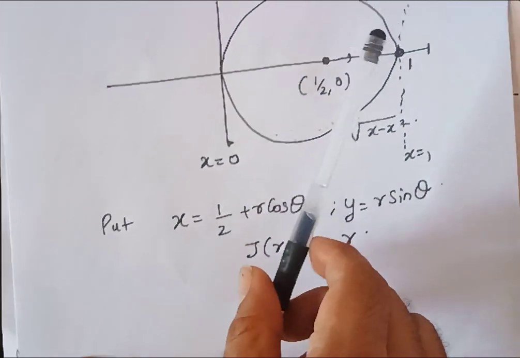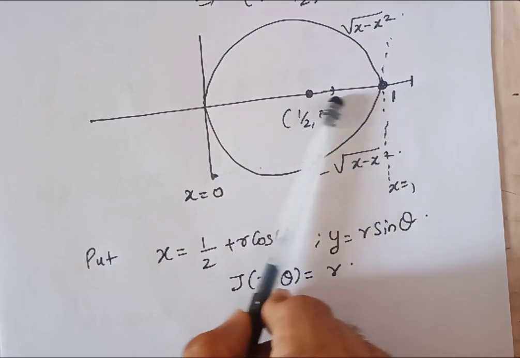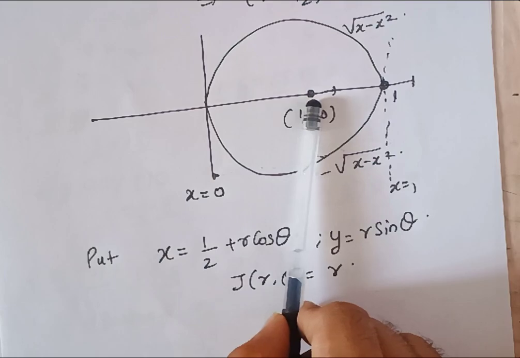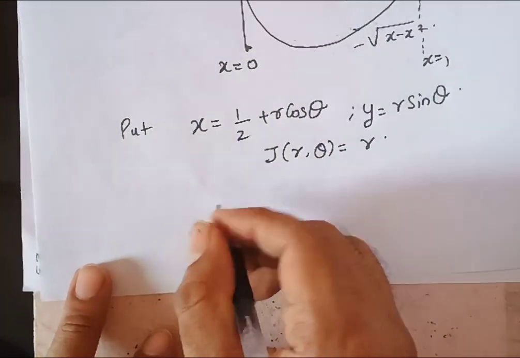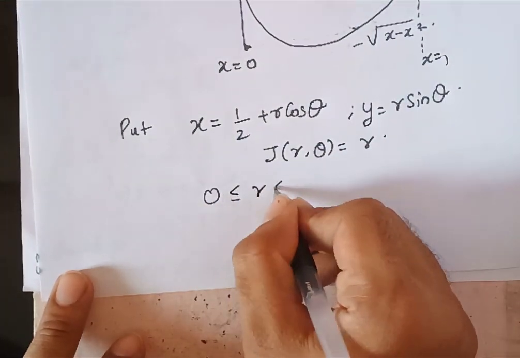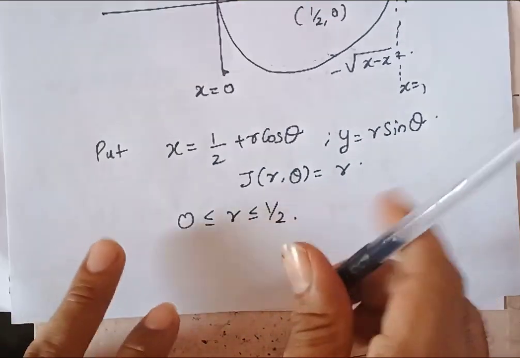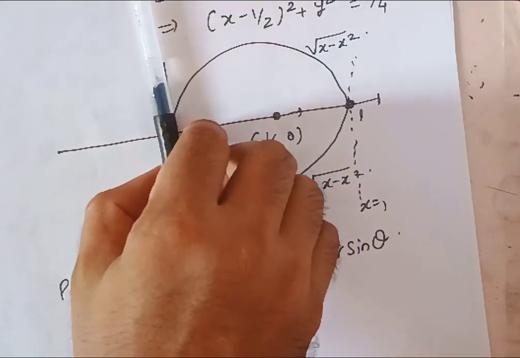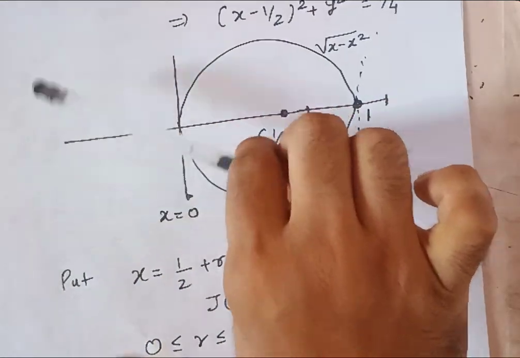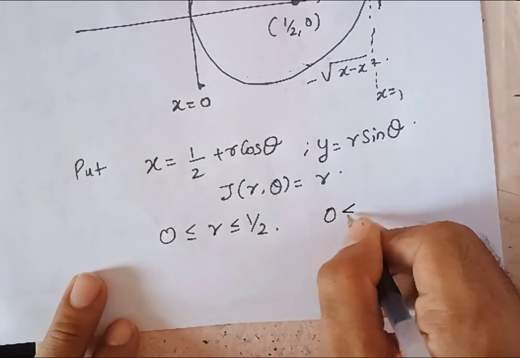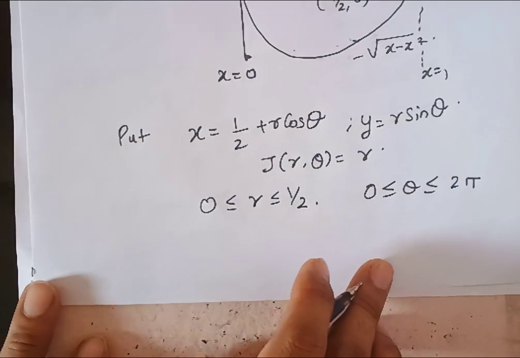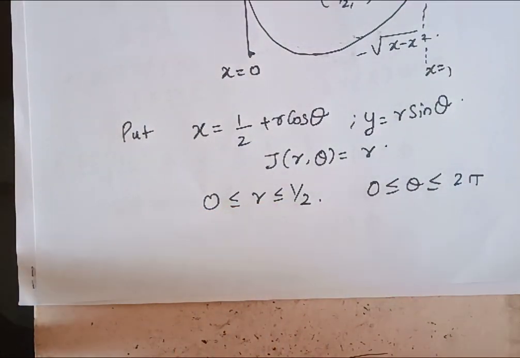The radius of the circle is half, so our r will be from 0 to half, and from the center we have to trace the entire circle, so theta will vary from 0 to 2 pi. So these are the new limits we have to consider.